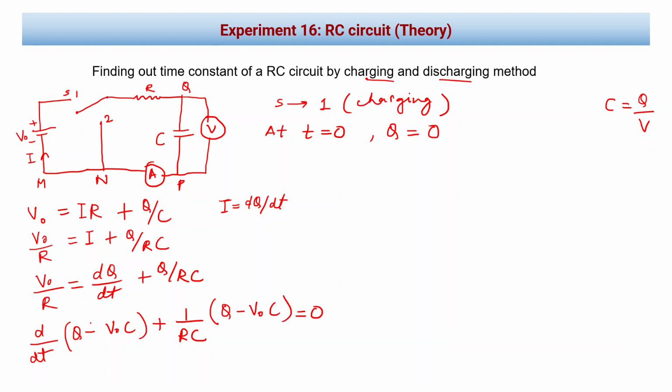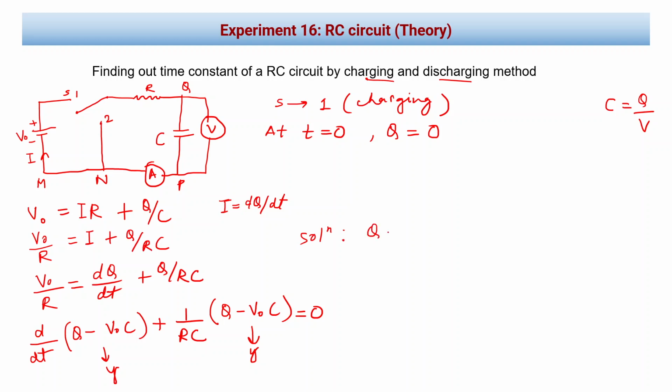If I take this as Y, because I wanted it to be a single variable differential equation, we have taken it like this. Then this becomes dy by dt plus some constant times y is equal to 0. So this is a first order differential equation, and the solution for this equation will be this y.